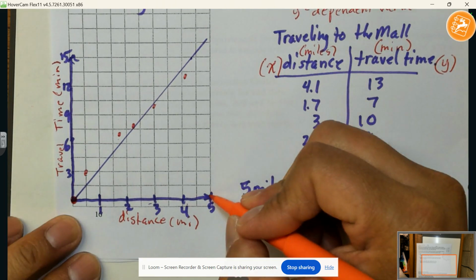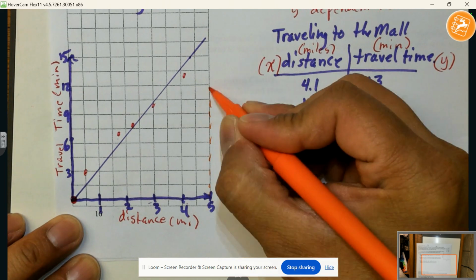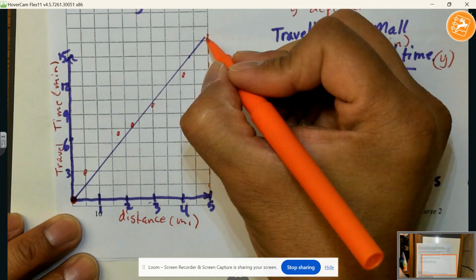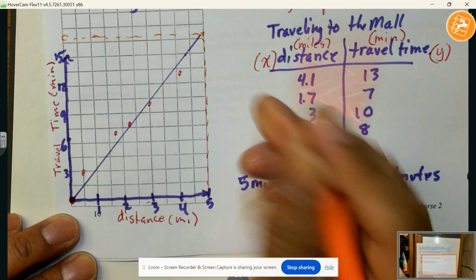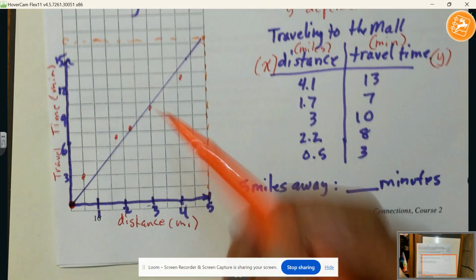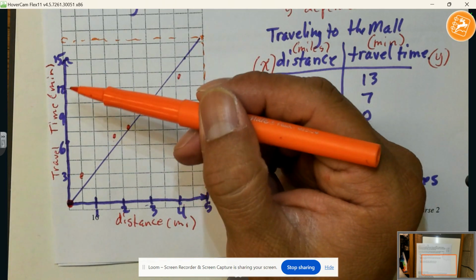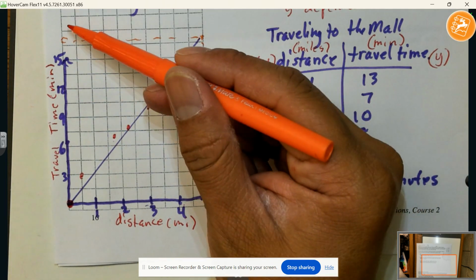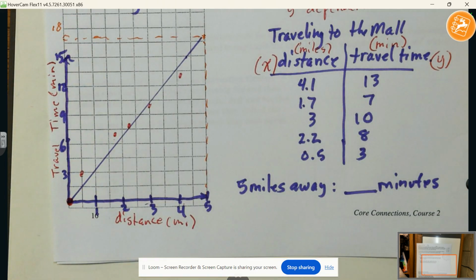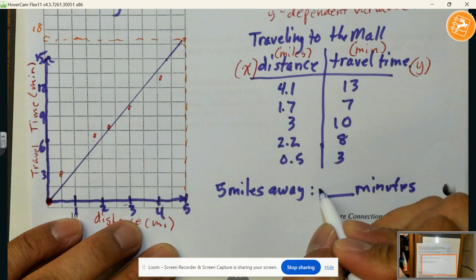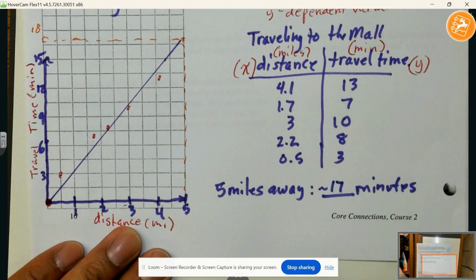We see 5 is right here, and it goes a little bit above our graph. So what number would that be if we were to estimate this? 12, 15, this would be 18. So I would say approximately 17 minutes.